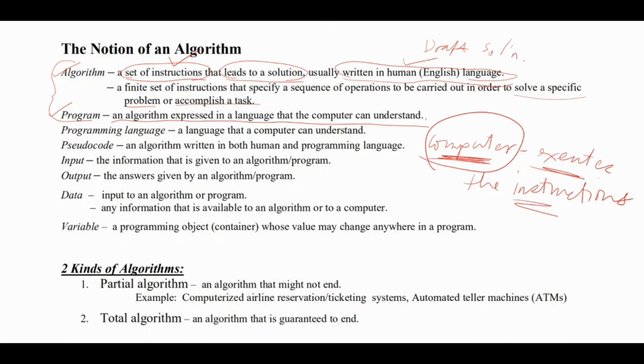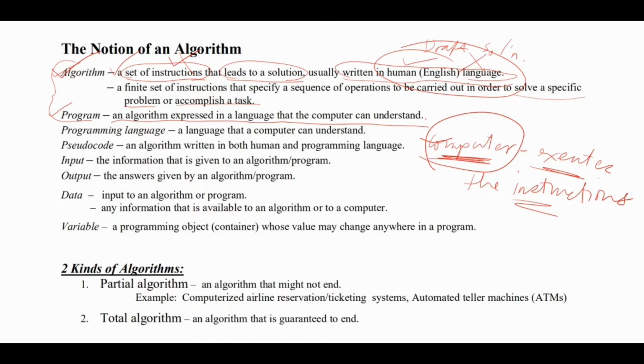So the computer cannot yet understand or execute the algorithm, because the algorithm is written in human language and the language of the computer is not human language. The computer cannot understand human language and therefore it cannot perform the set of instructions in the algorithm.